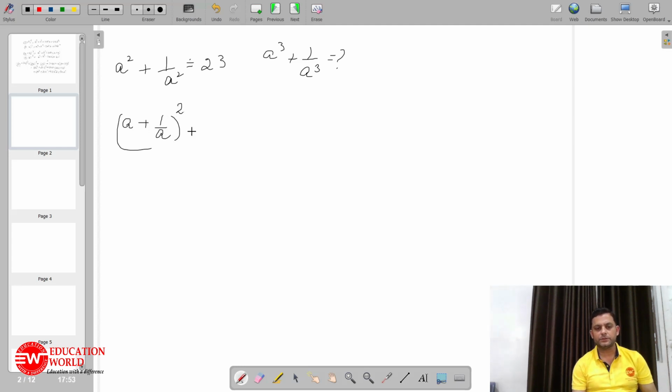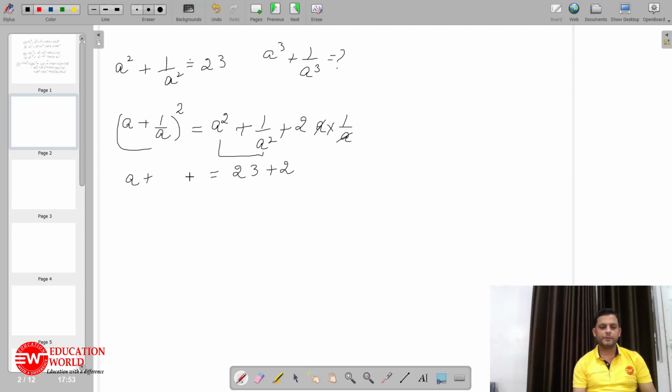Why square? Because it will give you the value of a plus 1 by a, then cubing both sides we will get the result. So it will be a square plus 1 by a square plus 2, because the a's cancel out. This value is already given: 23 plus 2.